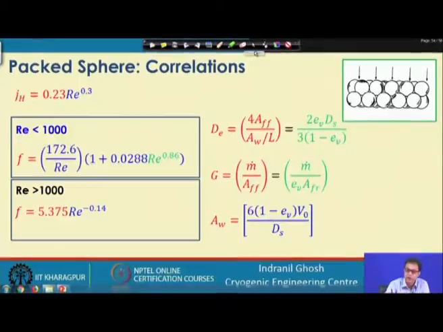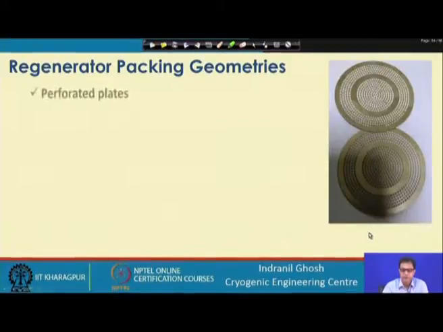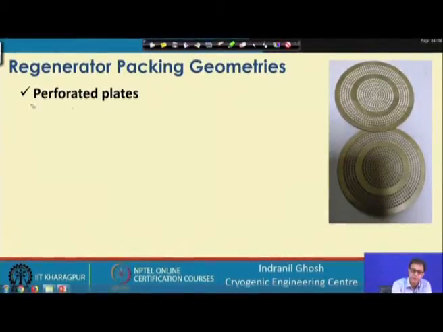regenerators. Now, with this information, we will proceed to some of the recent geometries which are regularly in use, high performance. This is a perforated plate.